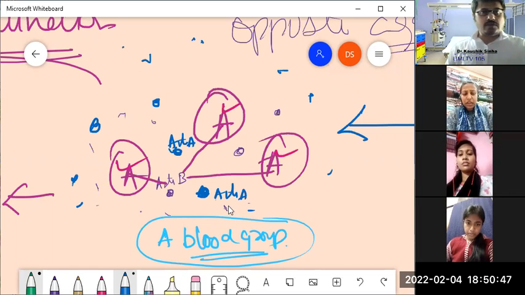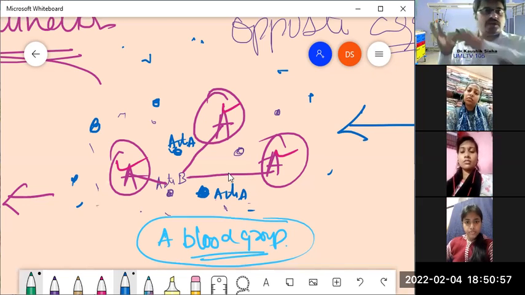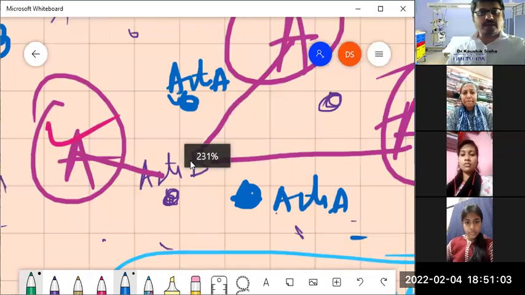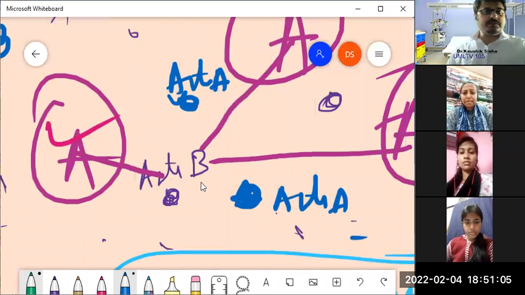So as long as anti-A and A are present together, the individual cells remain scattered as if the fluid can flow, the blood would flow. The very moment when this anti-B agglutinin enters into this system, this anti-B starts reacting with the agglutinogen A present on the different red blood cells.